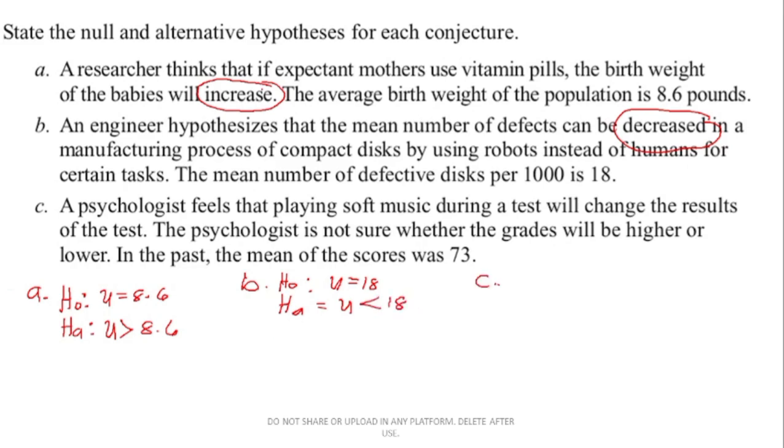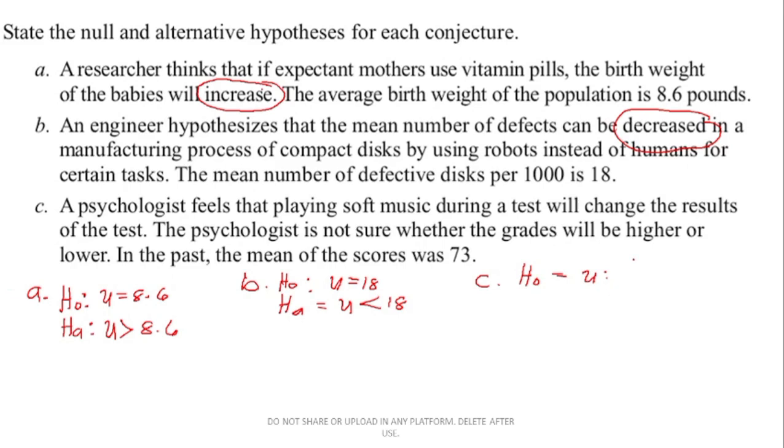And lastly, letter C. A psychologist feels that playing soft music during a test will change the result of the test. The psychologist is not sure whether the grades will be higher or lower. In the past, the mean score was 73. So our null hypothesis would be the mean of the scores is 73, or the mean score does not change.